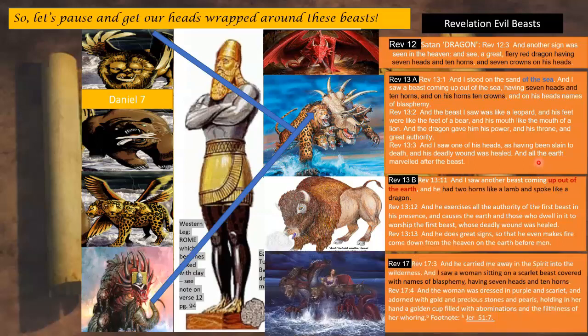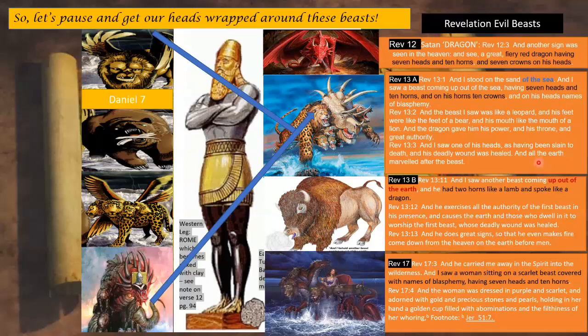Then in Revelation 17, we see, and he carried me away in the spirit into the wilderness, and I saw a woman sitting on a scarlet beast. You notice the beast in Revelation 13a is not red, nor is there red mentioned in the Daniel 7 beast.